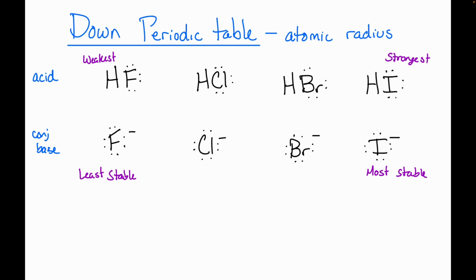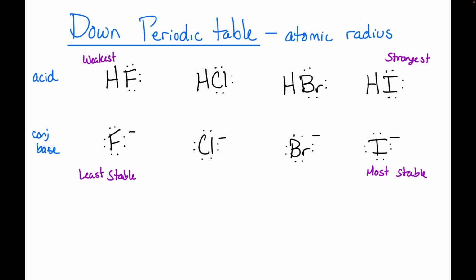All right, well, why would that be? Why is this bigger ion more stable than a smaller ion? All of these ions have that extra electron that gives them a net negative charge, and again, things don't like to have that net charge.